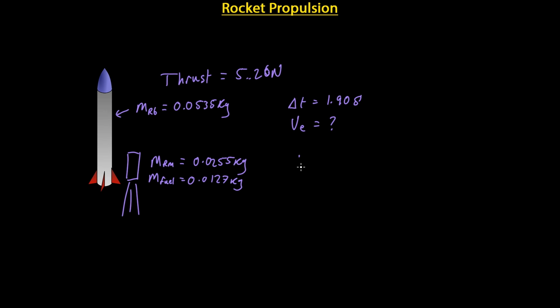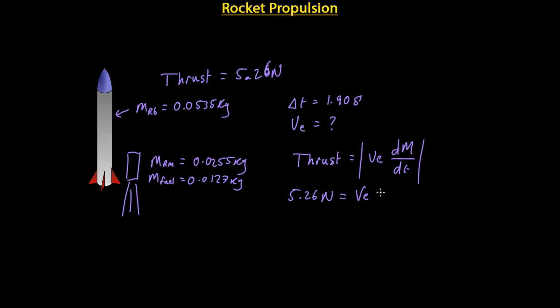So we can use this equation. The thrust is equal to the absolute value of the exhaust speed multiplied by the burn rate of this rocket. We've already been given the thrust at 5.26 newtons, so put 5.26 newtons here. And we're trying to work out the velocity of the exhaust, but we're not directly given the burn rate. But we've got the mass of the fuel here, and we've got the time it takes to burn this mass of fuel.